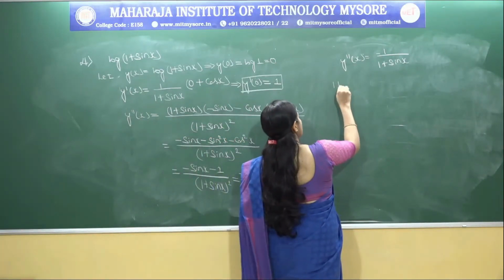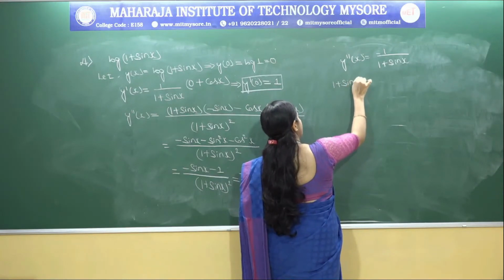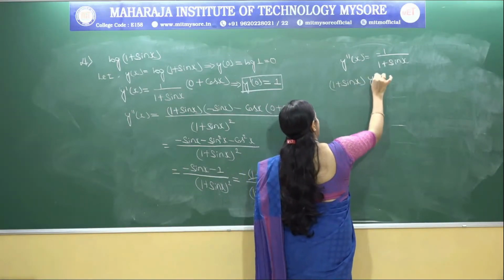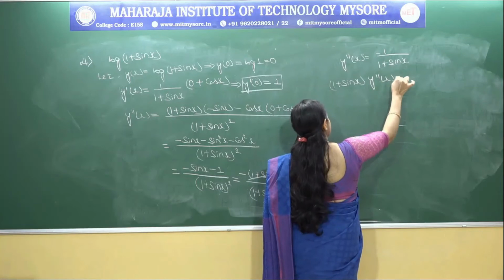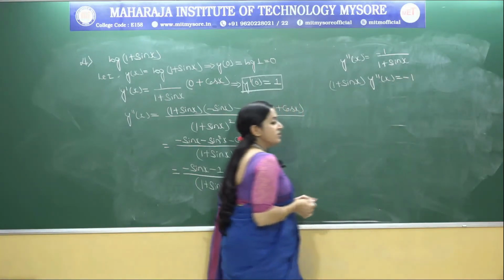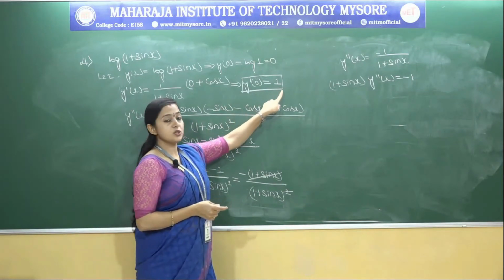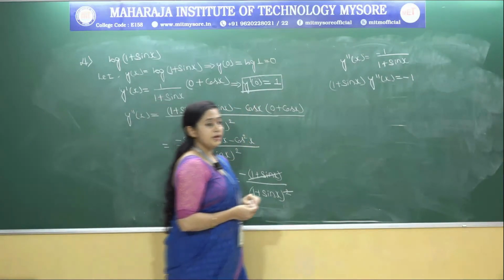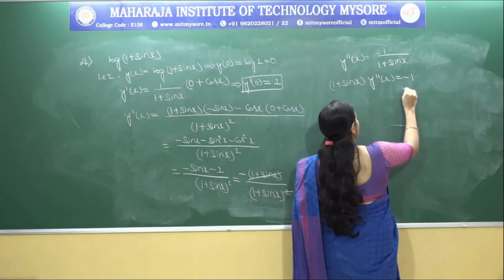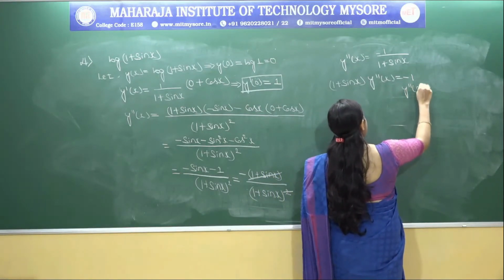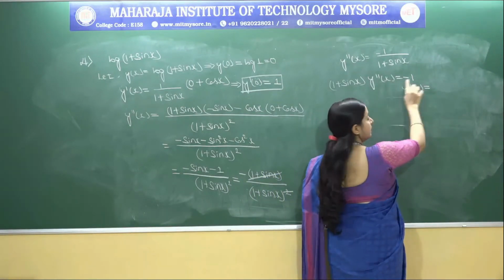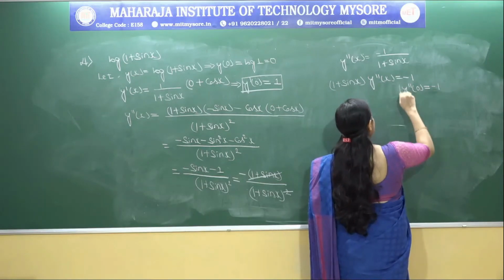So I just cross multiply the 1 plus sin x, y double dash of x, you will get minus 1. So y of 0 you got the answer as 0, y dash of 0 is 1. You check for y double dash of x. So y double dash of 0, 1 plus 0 is 0, this multiplication, so we will get minus 1.